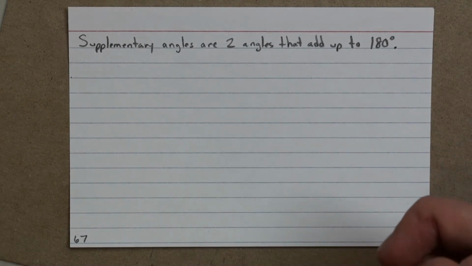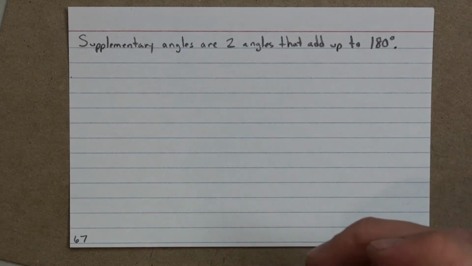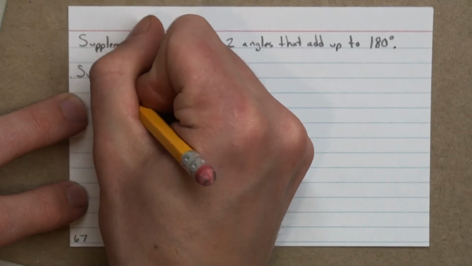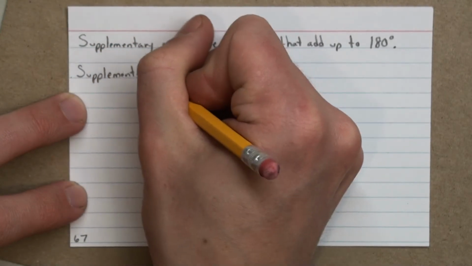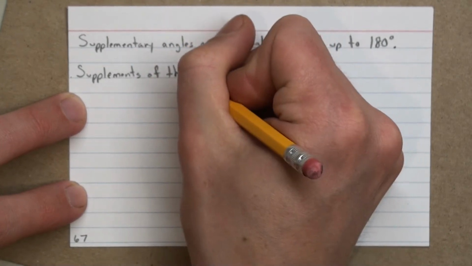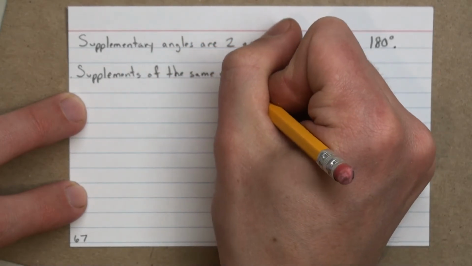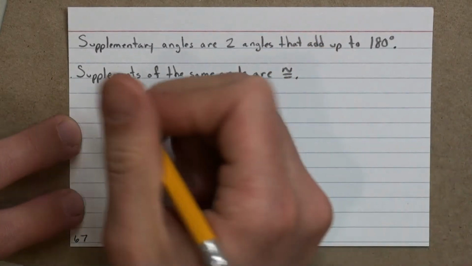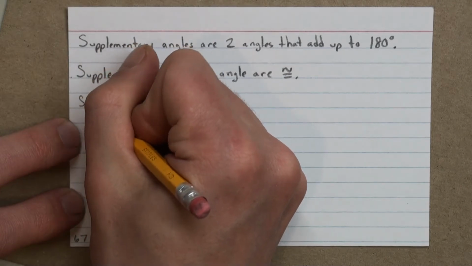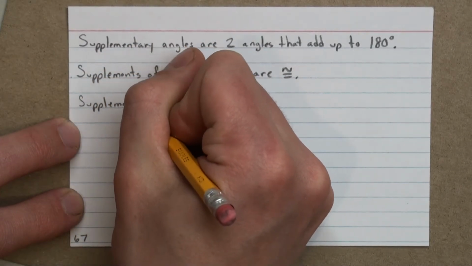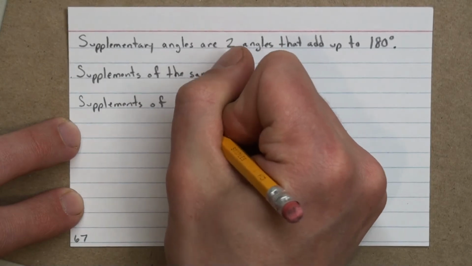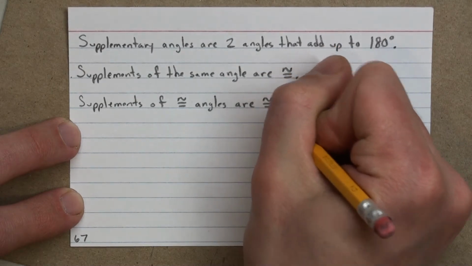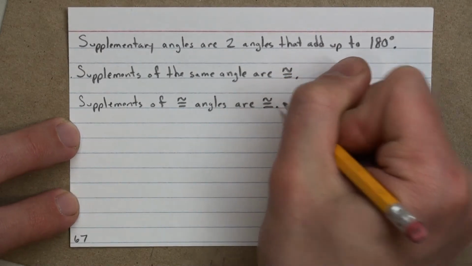Supplements of the same angle are congruent, and supplements of congruent angles are congruent.